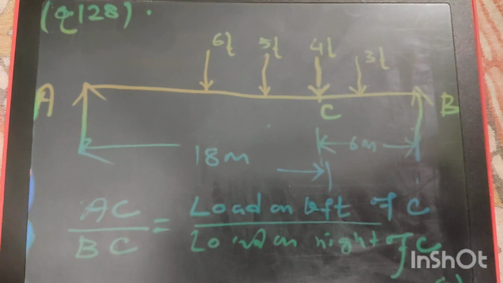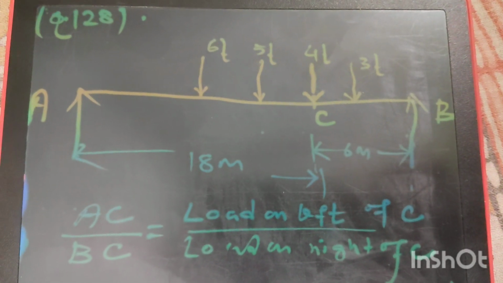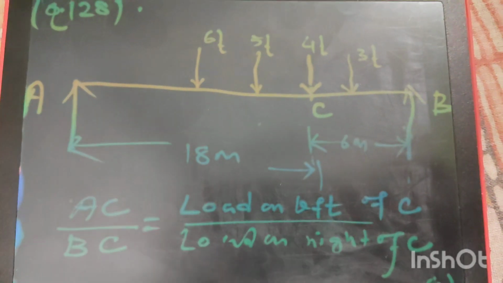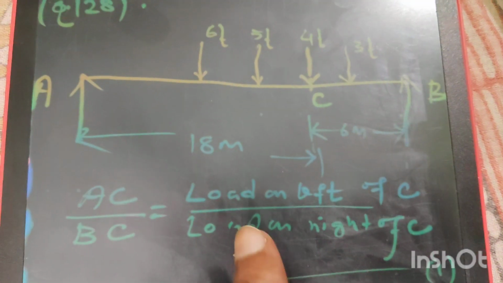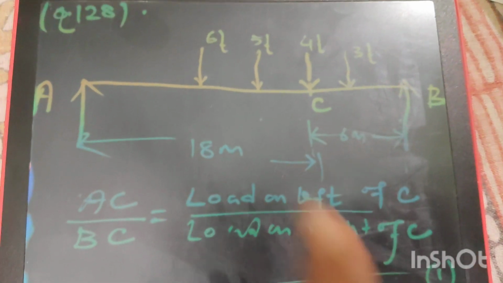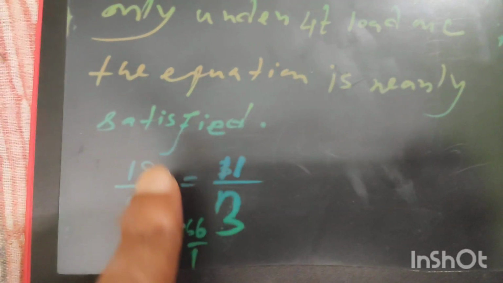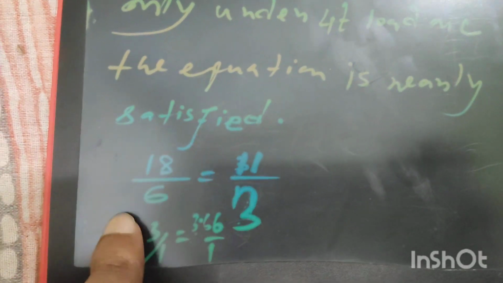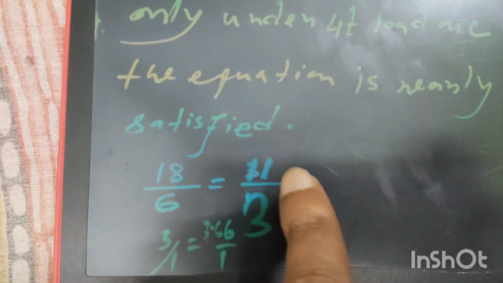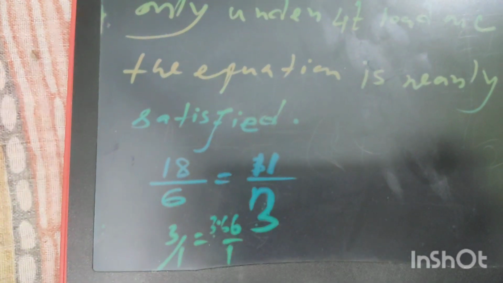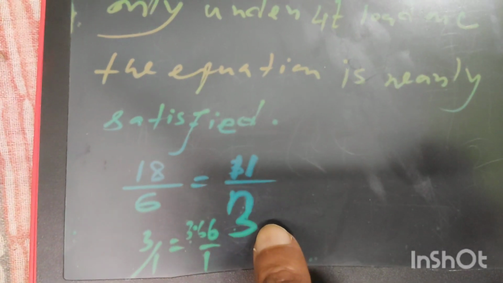If we calculate by placing the 4 ton wheel load at the point C, this equation is nearly satisfied. Otherwise, this equation is not satisfied at all under any wheel loads. So the ratio of length AC by BC will be 18 by 6, and the loads on the left side of C will be 6 plus 5, 11 ton, and loads on the right side of point C will be only 3 ton.